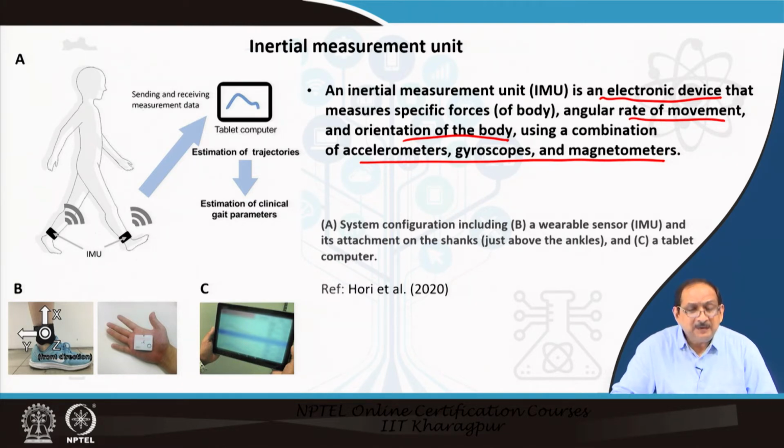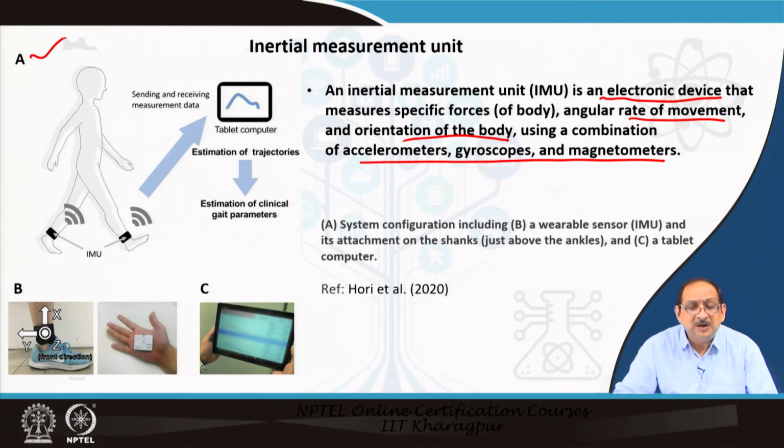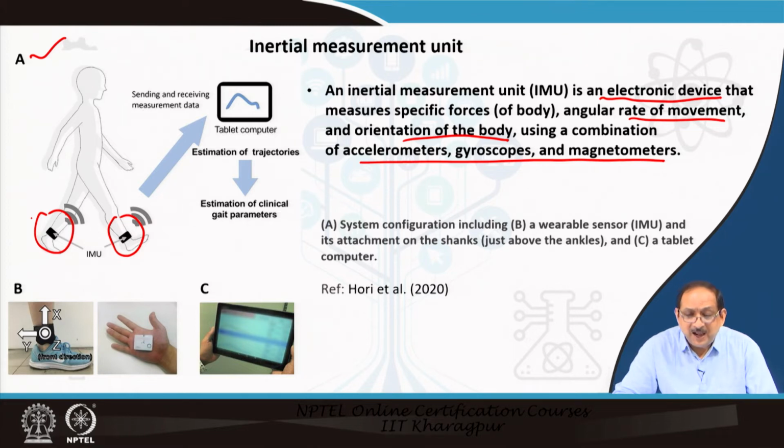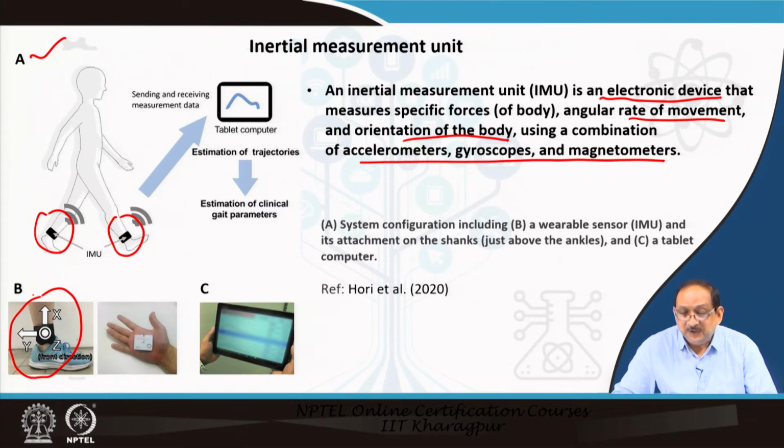Now, in the figure presented here, we see the system configuration of the inertial measurement unit that includes wearable sensors as indicated in the figure and its attachment to the shanks, as you can see here in figure B, just above the ankle, and the tablet.